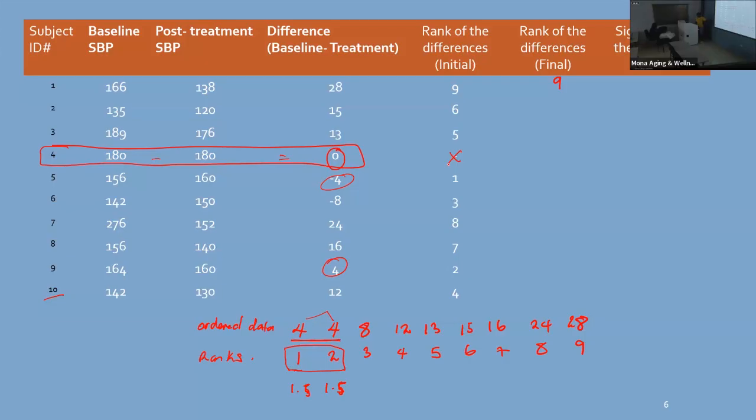You missed a number, okay. All right, fine. So 28 is going to have a rank of 9, see, it's right here. The next number is 15. 15 will still have a rank of 6.